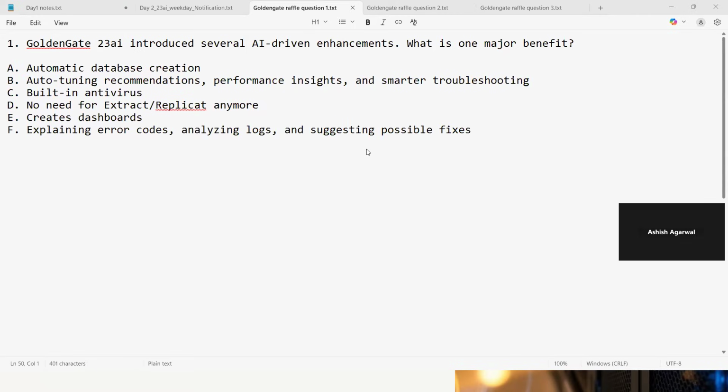Fourth is no need for extract and replicat anymore, or it is creating the dashboard. And guys, there can be multiple answers as well. Or explaining error codes, analyzing logs, and suggesting possible fixes. What do you think the answer is? Your time starts now.